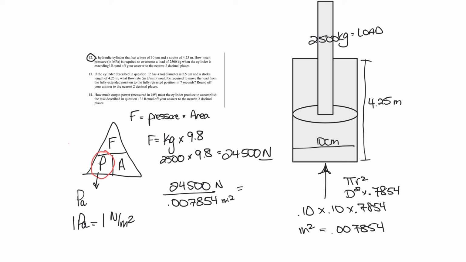So 24,500 divided by 0.007854 is going to give us a very long number, 3,119,429.59 pascals. A little bunched up there. Okay, so what we have then is 3,119,429.59 pascals. But the question asked for us to give it in megapascals.